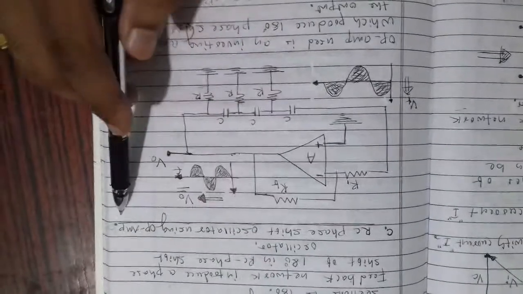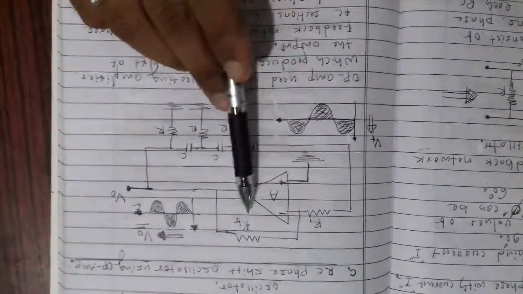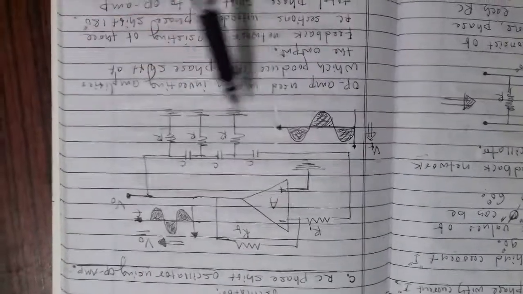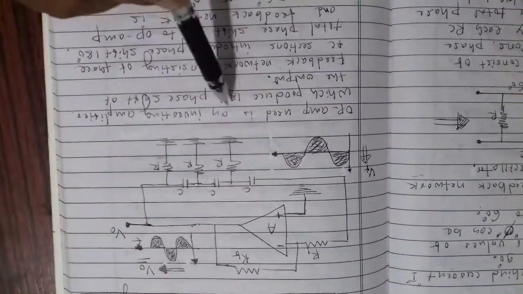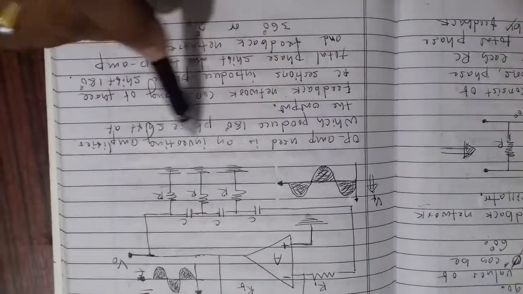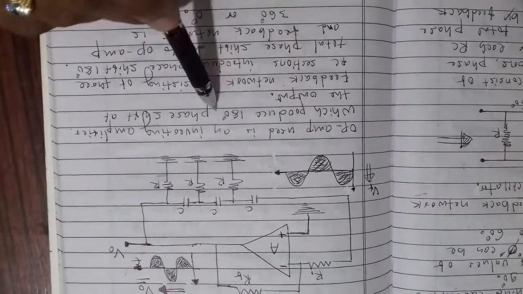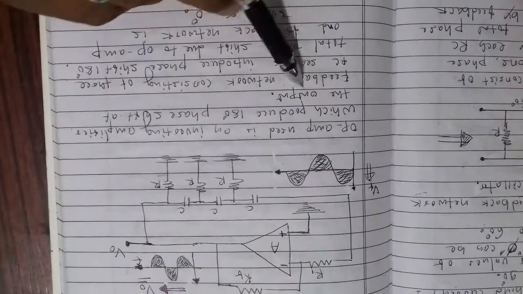RC phase shift oscillator using op-amp. The op-amp used is an inverting amplifier, which produces 180 degree phase shift at the output.